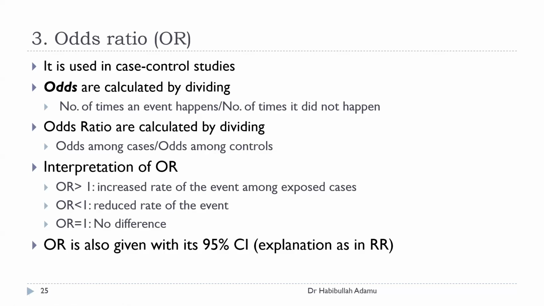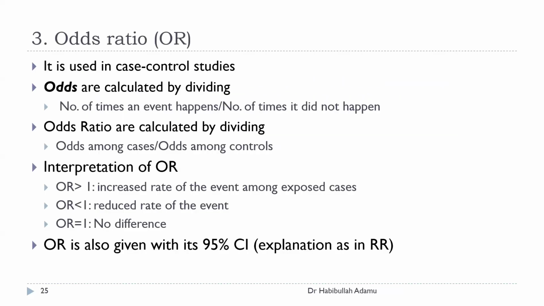All you need to do is compare that value against 1. If your odds ratio is 1, it means there is no association. That means the thing you are considering is not a risk factor.